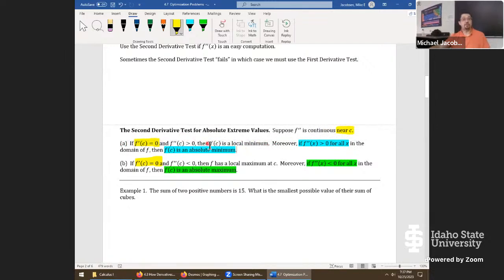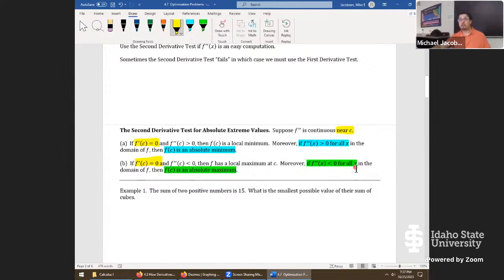But we can say something even stronger now. If the second derivative is not just positive at the critical number, if it's positive for every single value of x, notice we placed x here, not the critical number c, then it has to be an absolute minimum. Likewise, for part B, if the second derivative is always negative, we don't even worry about what happens at the critical number.